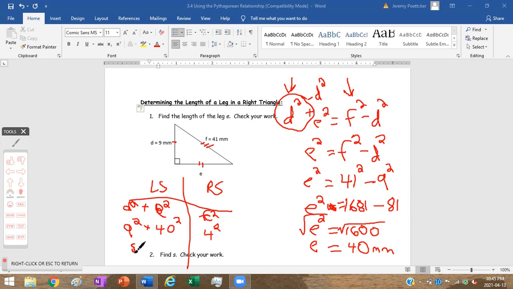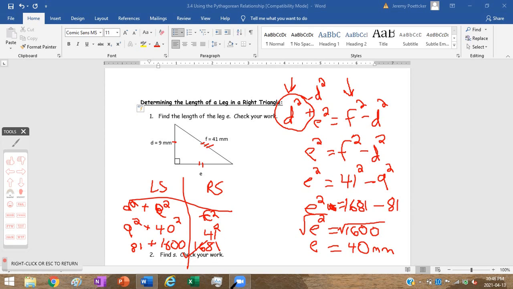Let's check and see. So 9 squared is 81. Punch into my calculator if I need to. 40 squared is going to be 1,600. 40, oops, this is supposed to be 41 squared, sorry. 41 squared, which we figured out before. I'll check it again. 41 times 41 is 1,681.